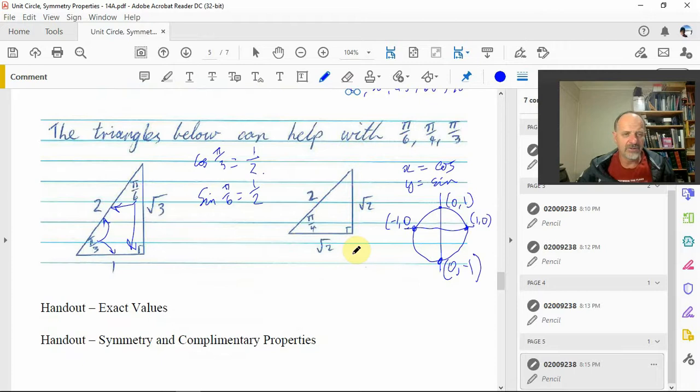There should be a couple of handouts here: exact values, the lists, all 4 quadrants, symmetry, complementary properties. There's a whole bunch of stuff in there. Me personally, I don't use them. I would always draw a diagram and figure those things out, because there's a lot to remember, which you will see.